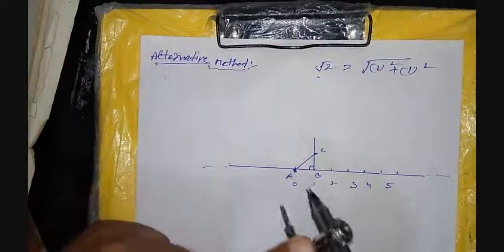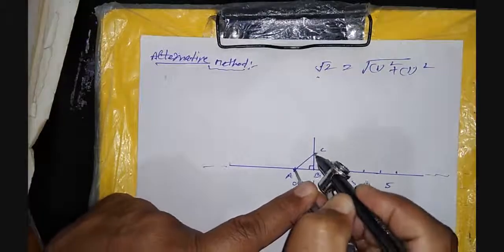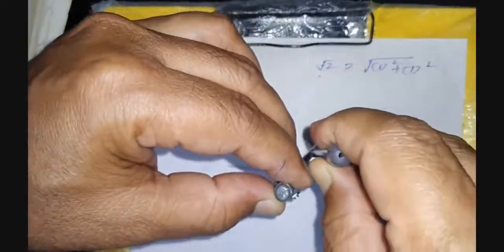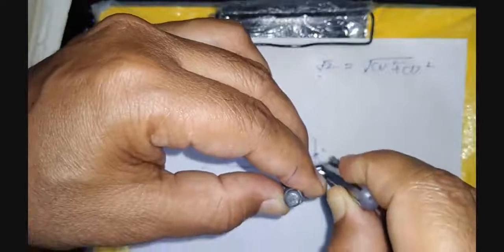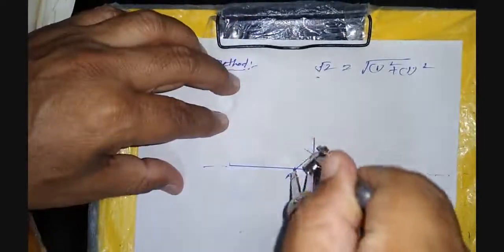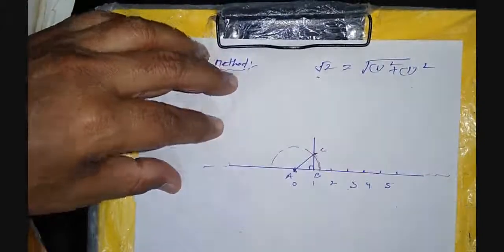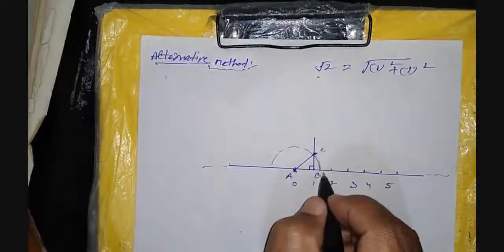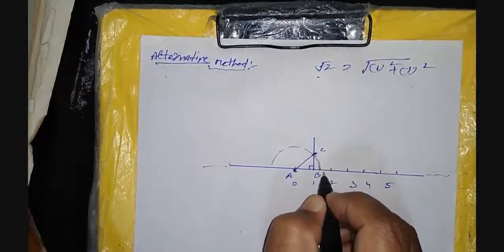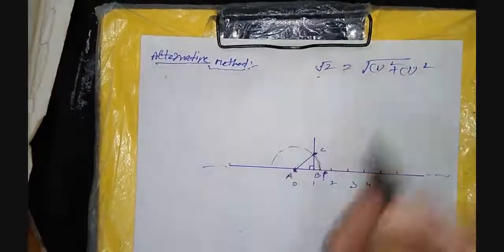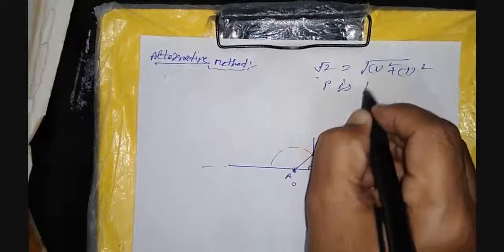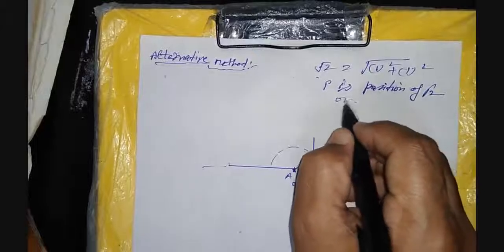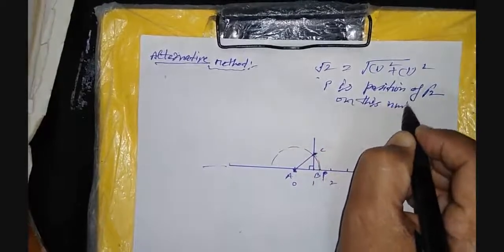Now keeping this distance, draw a semicircle in this way, and this point P is the position of root 2 on this number line.